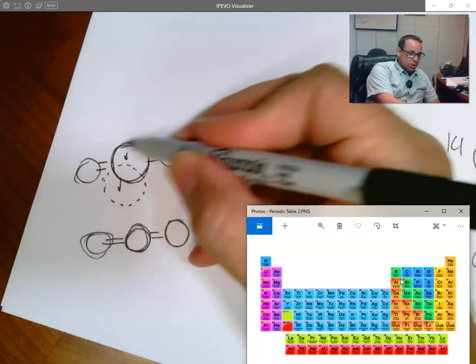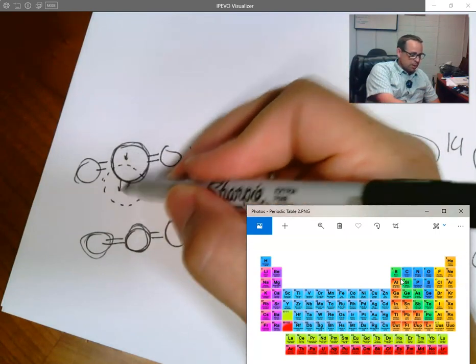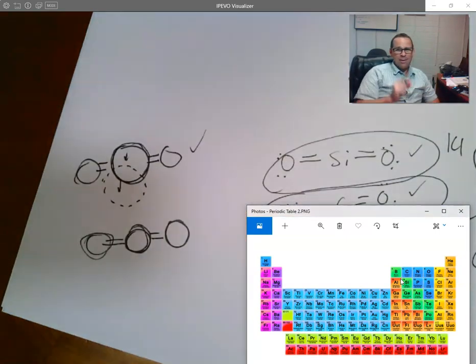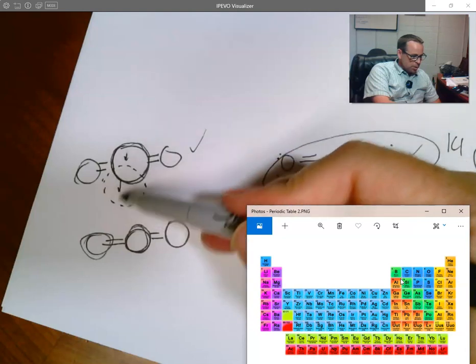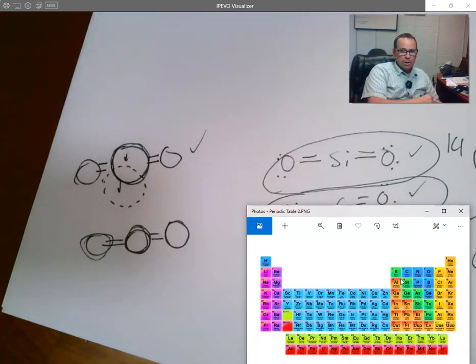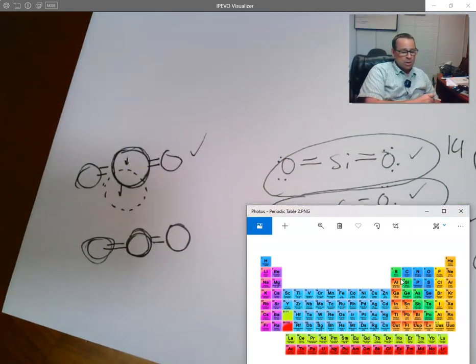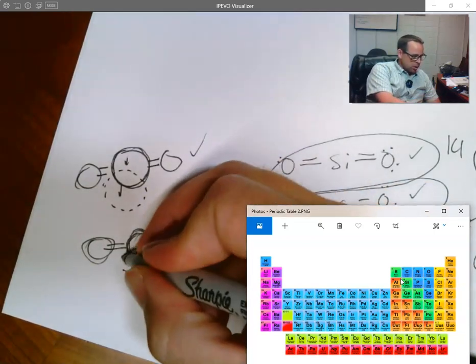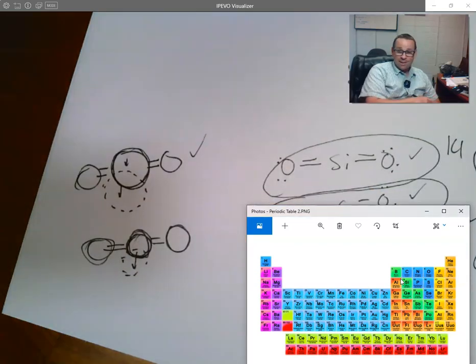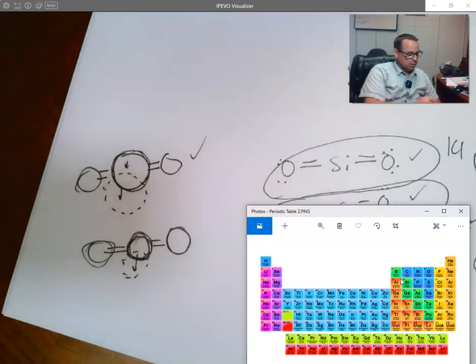Because there's a larger space that's moving, it results in a larger net induced dipole. It's a temporary dipole, but because there's more electrons to move, then you get a greater induced dipole. Whereas this one here, if it moves the same amount, it's just a movement of less electron density.